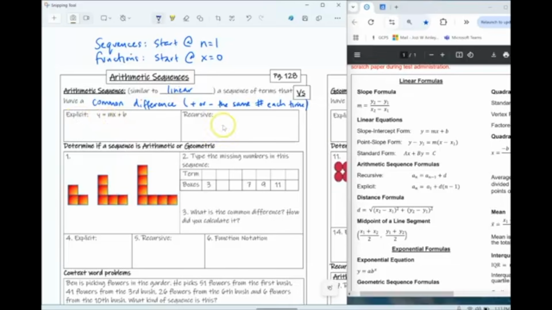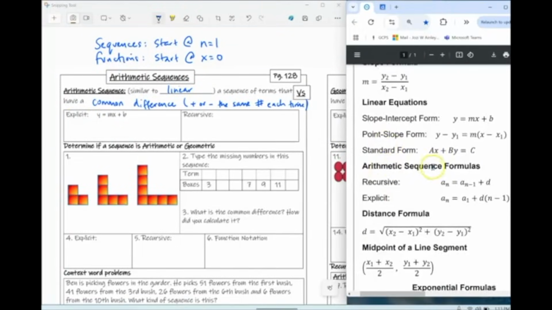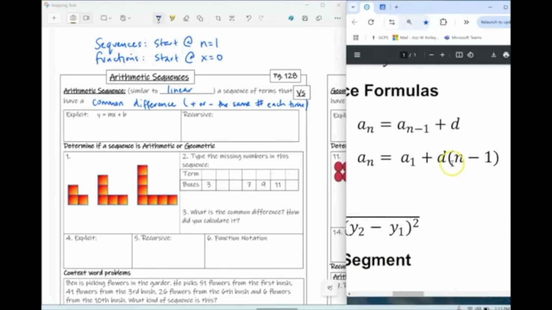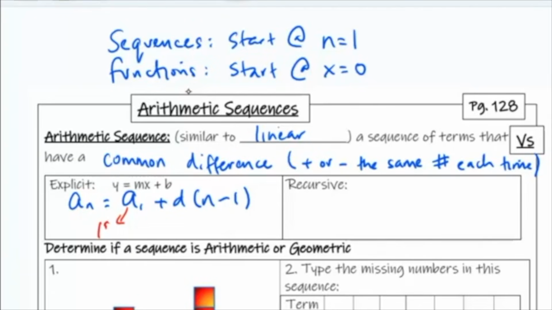All right, so let's write the explicit formula. If I come into the formula sheet right here, I'm looking for arithmetic sequence formula, recursive, explicit. So this is the equation that I'm writing. Let's go ahead and copy that down. So this is a sub n is equal to a sub 1 plus d parentheses n minus 1. And we're going to quickly recap what each of those things mean. This is going to be your first term.